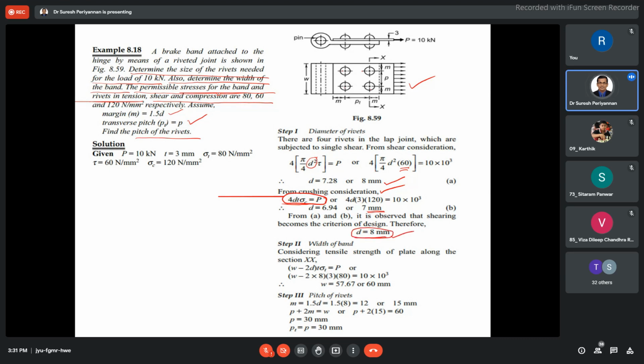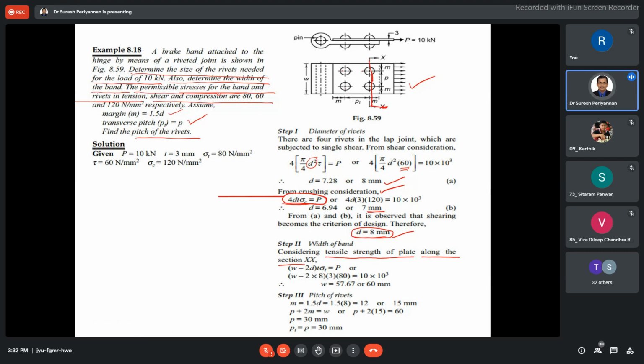Now, the width of the band. The width of the band is found by considering the tensile strength of the plate along section XX. We consider this section because it is going to be subjected to tension while the load is acting in this direction.